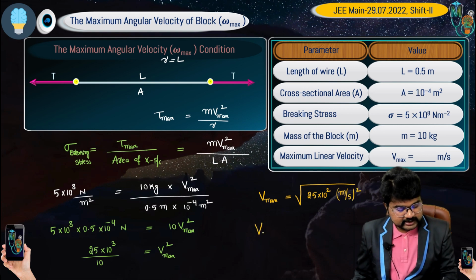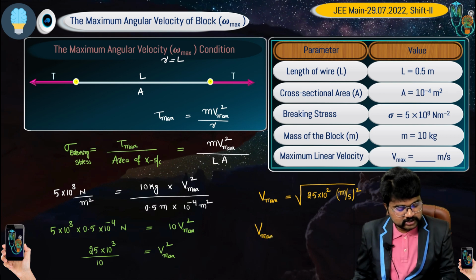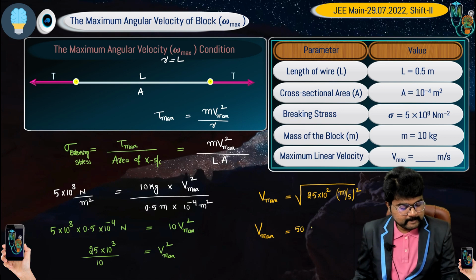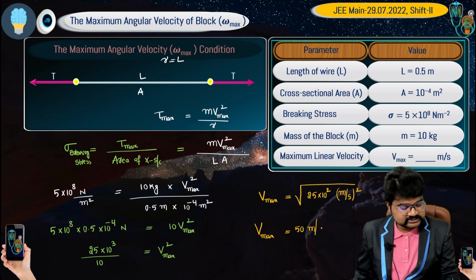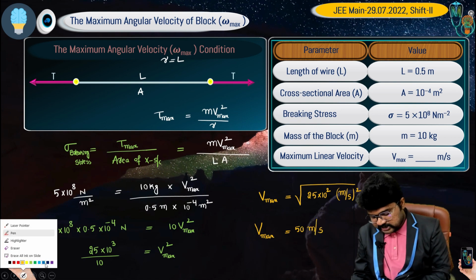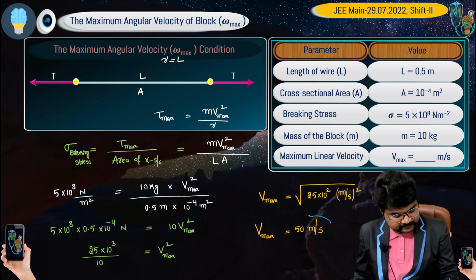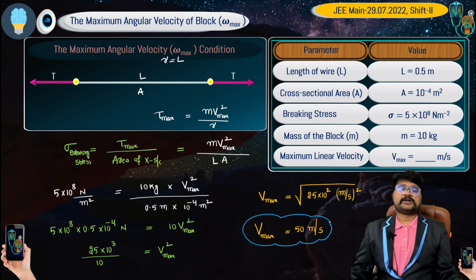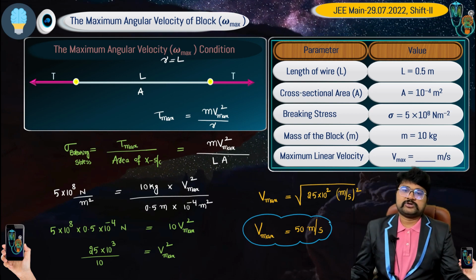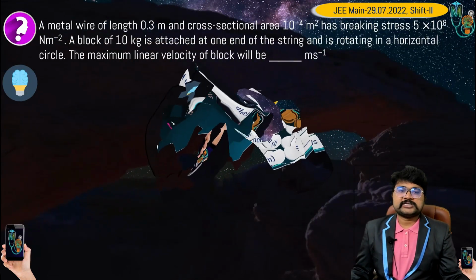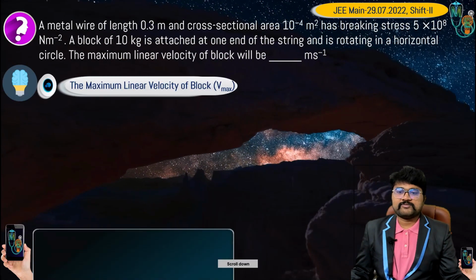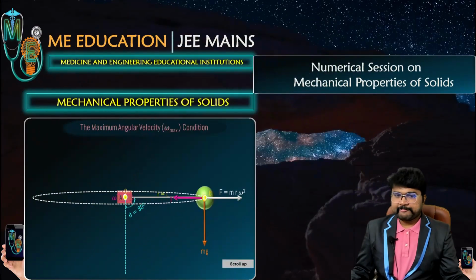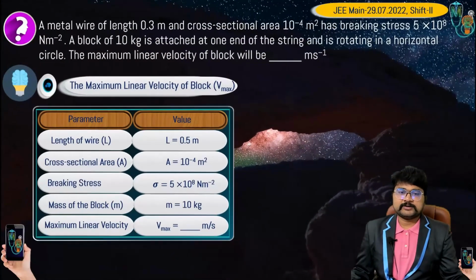Finally, V maximum equals 50 meter per second. That is the final answer to this question. Understood? So this is the way to solve this problem. What is the answer to this question? Finally, 50 meter per second.